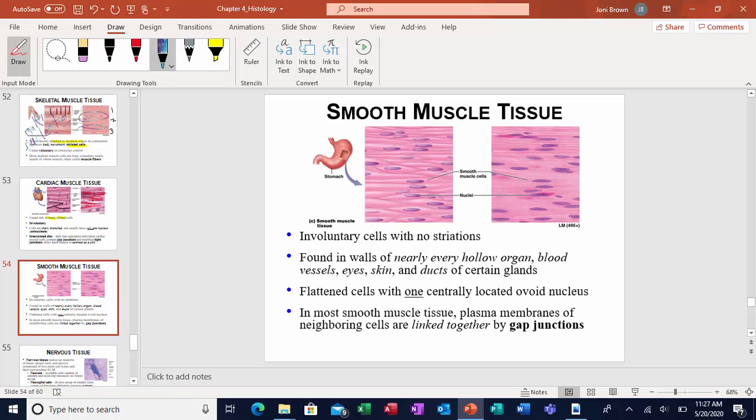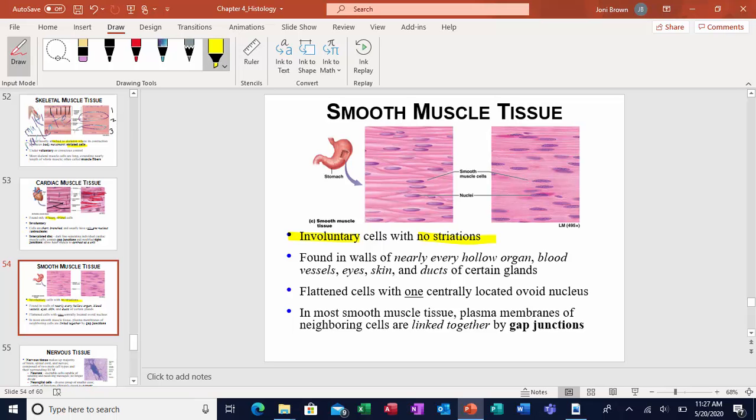Now, the third type of muscle tissue is smooth. And this one is different from the other two because it's involuntary, just like cardiac muscle is. It has no striations, though, so it's not like skeletal or cardiac as far as that goes. You find this in the walls of almost every hollow organ in your body, in your blood vessels, your eyes, your skin, and they are very flat, and they usually just have one central nucleus.